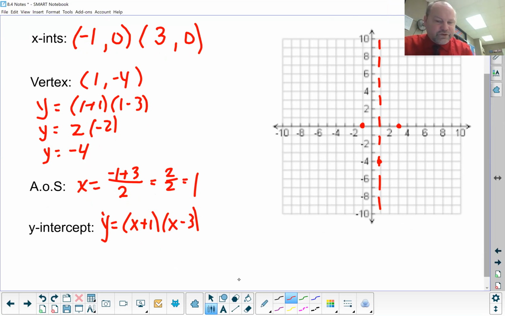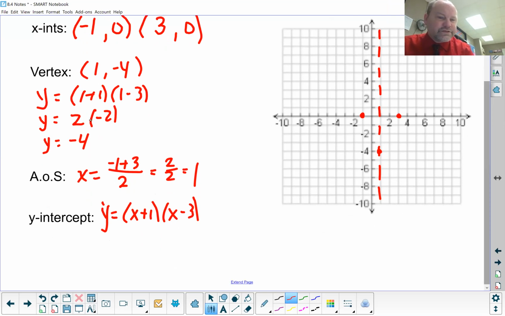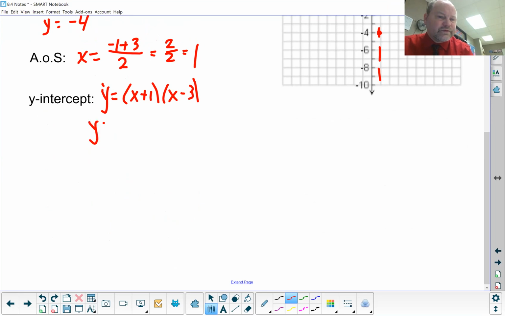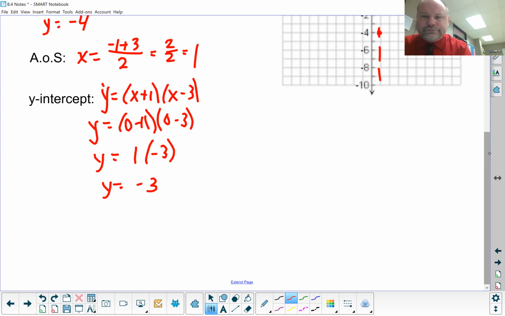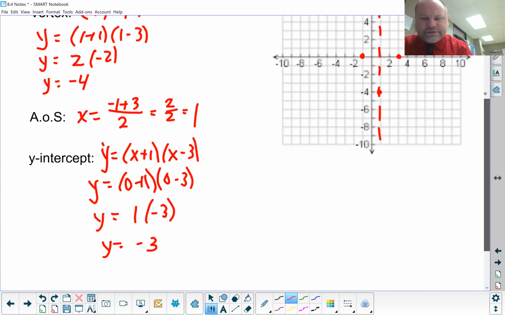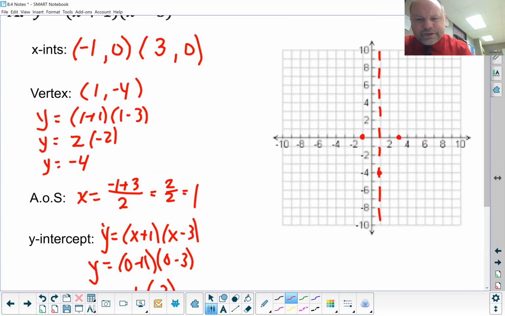So if I plug 0 in for x, 0 plus 1 is 1. 0 minus 3 is -3. So we cross our y-axis at -3.